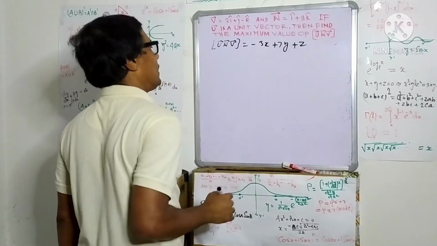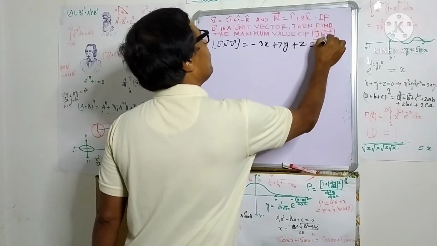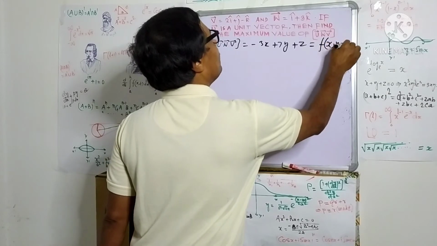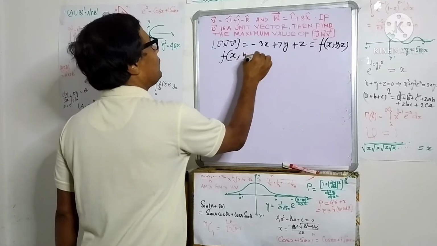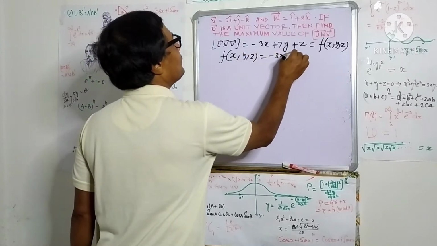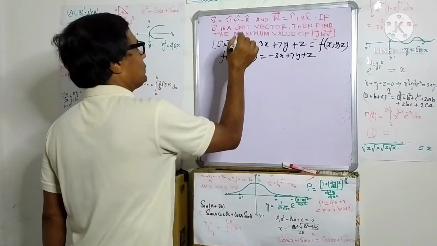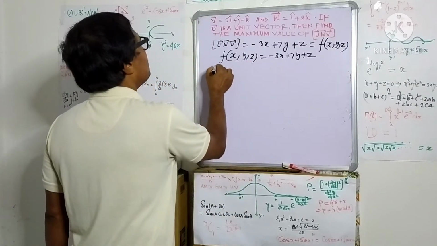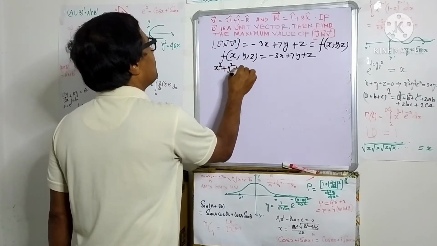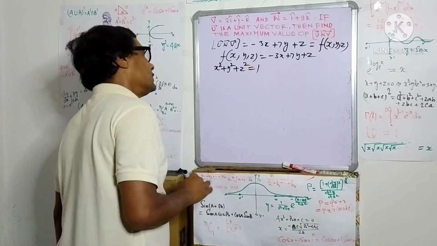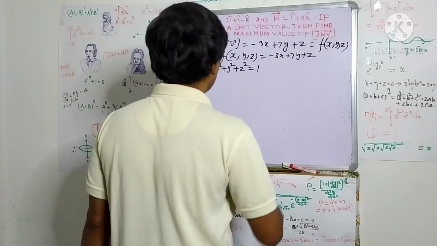This is a function of three variables. We can choose this function as f(x, y, z) equal to minus 3x plus 7y plus z. And here we also have x square plus y square plus z square equal to 1, because u is an arbitrary unit vector, so its magnitude is 1.